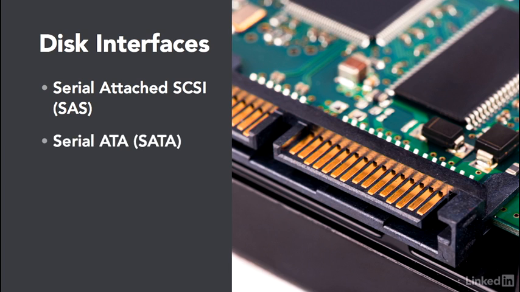This is a very popular, very common form of connectivity in today's computers. In fact, the picture I have on the screen shows the data and the power connector for a SATA connection on a hard drive. There is traditional SCSI, which is done in parallel, and it was also a daisy chain type formation. We have USB that now allows us to connect all sorts of different types of hard drives.